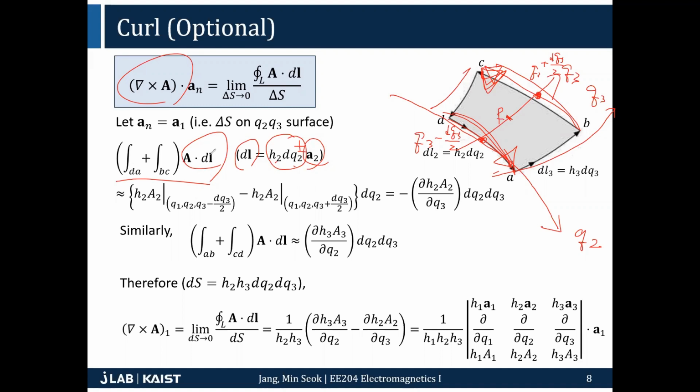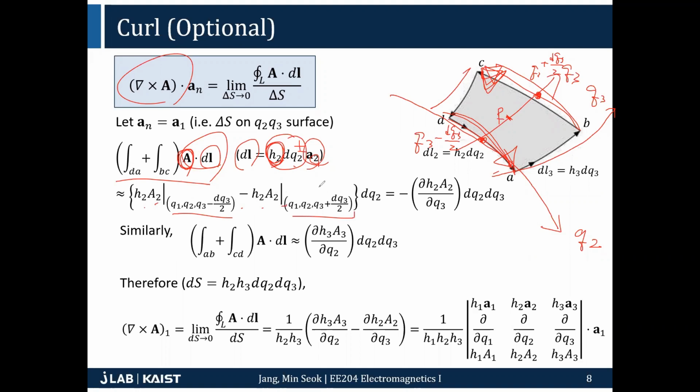If you perform this evaluation, dl has only the A2 component, so you only need to care about the 2 component of A. H2 should be evaluated at this specific position, so H2A2 minus H2A2 evaluated at different positions, right?